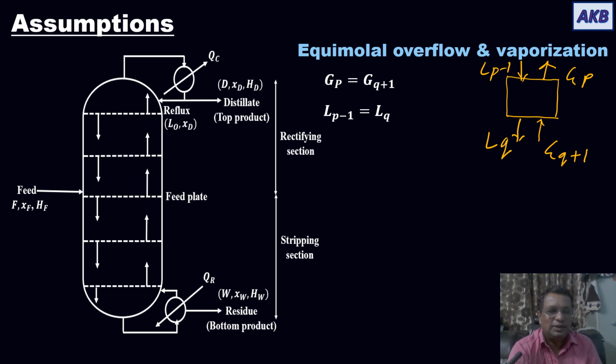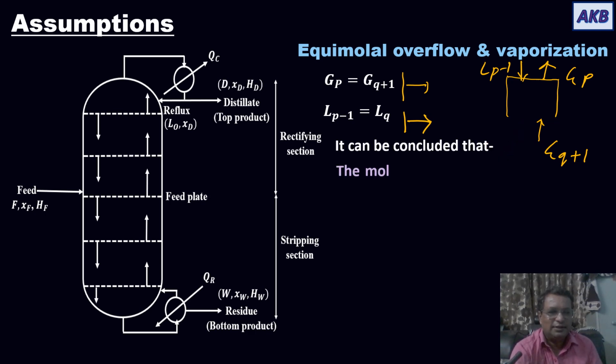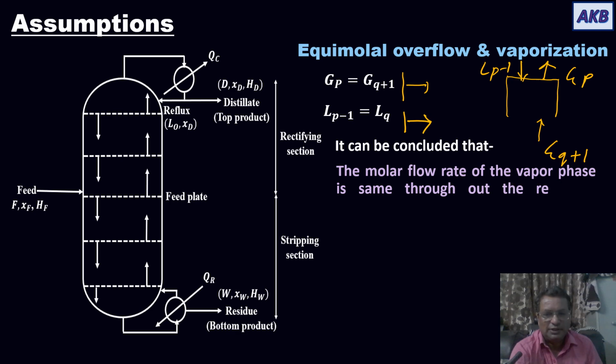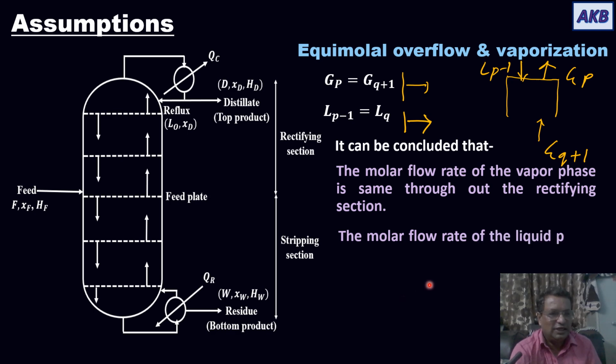So the conclusion is entering vapor flow is equal to leaving vapor flow, and entering liquid flow is equal to leaving liquid flow. So from this you can conclude that the molar flow rate of vapor phase is same throughout the rectifying section. Similarly, the molar flow rate of the liquid phase is same throughout the rectifying section.